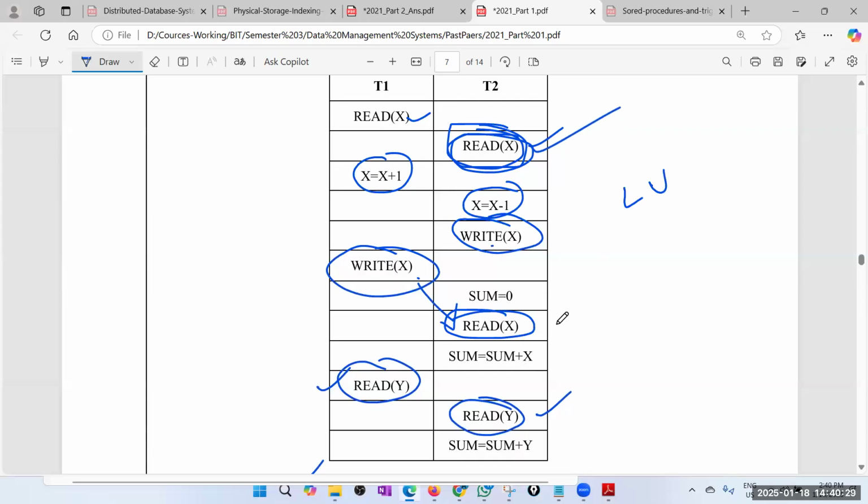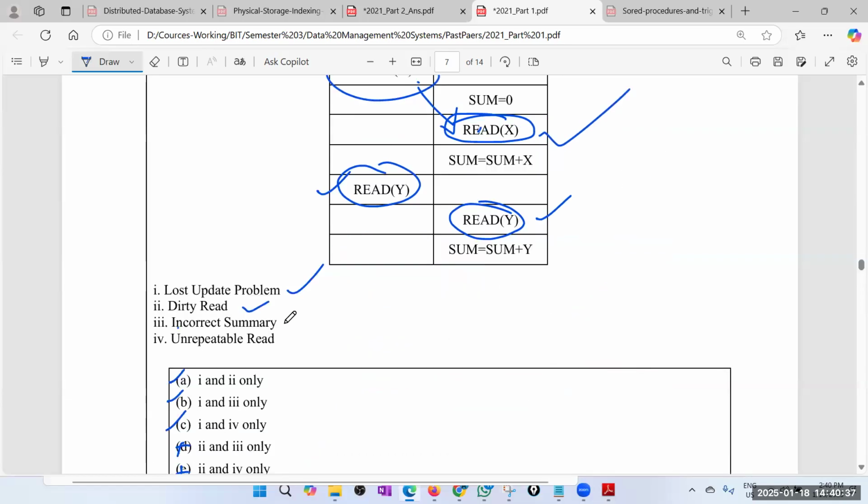You read the same value twice and you are getting different values because this guy has written. Unrepeatable read means again pretty much the same.